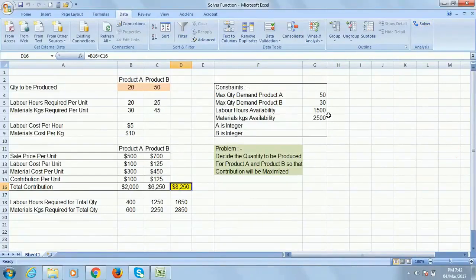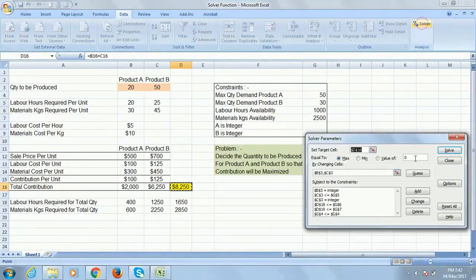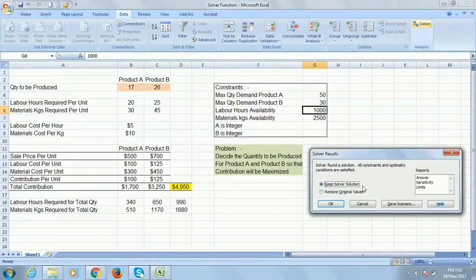I'll change one more thing so that it will be more clear to you. If I make labor hours available 1000, currently the labor hours used is 1650, so if I reduce the labor hours available, what will happen? I'll click again on solve. See friends, now it has changed.